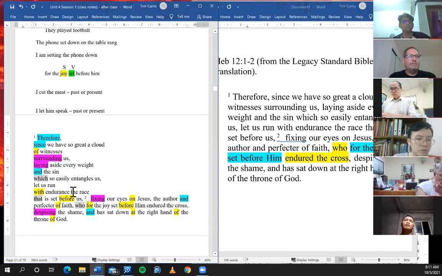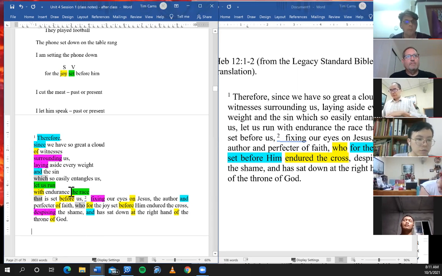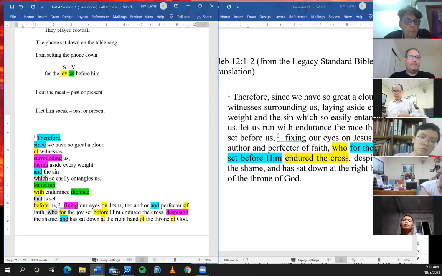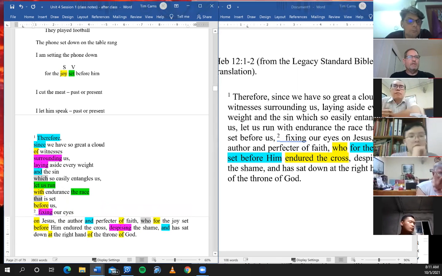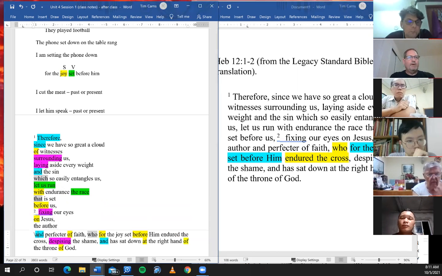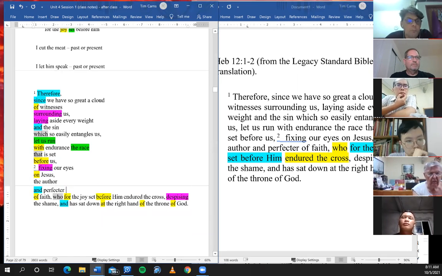And you may not recognize, oh, the race actually goes with let us run. Maybe you didn't catch that the first time that you go through it, but that's okay. We would figure that out when we do the diagram. So all I'm doing now is just breaking up each phrase and clause by the connector words.